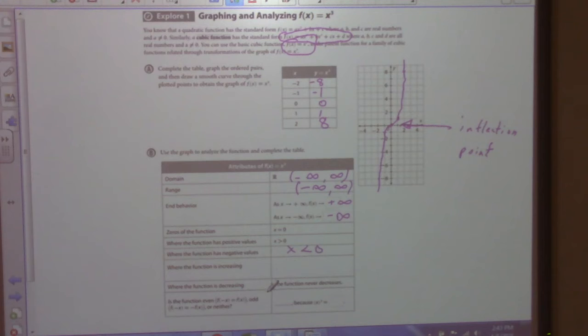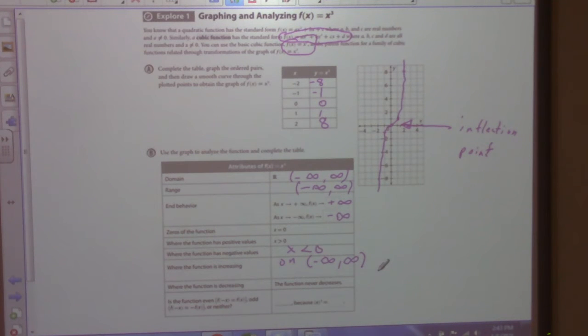And then, where is the function increasing? As we go left to right, where is this function increasing? The whole thing, everywhere, right? So you can say everywhere, that's kind of a verbal answer, but you could say on the interval of greater than negative infinity to less than infinity.